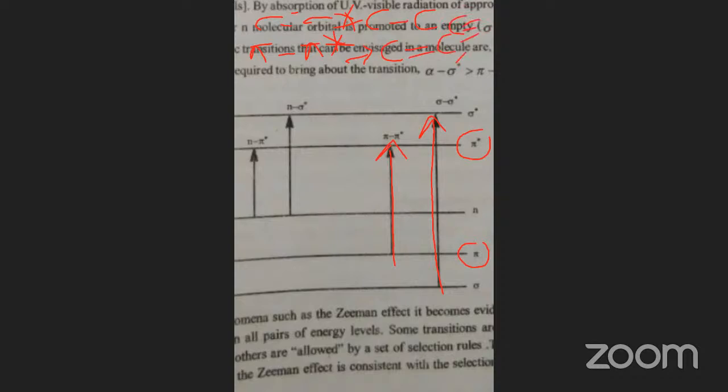So for double bond or triple bond containing carbon atoms, this type of transition occurs. Then the next transition is the n to sigma star transition.